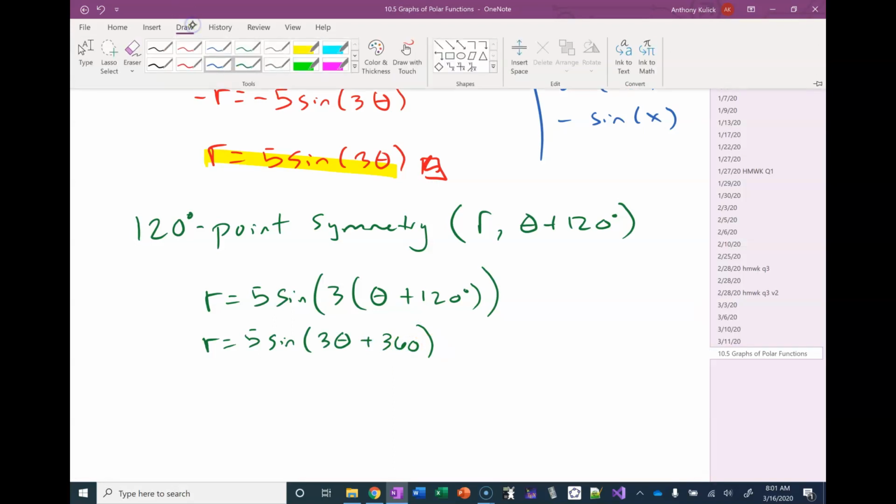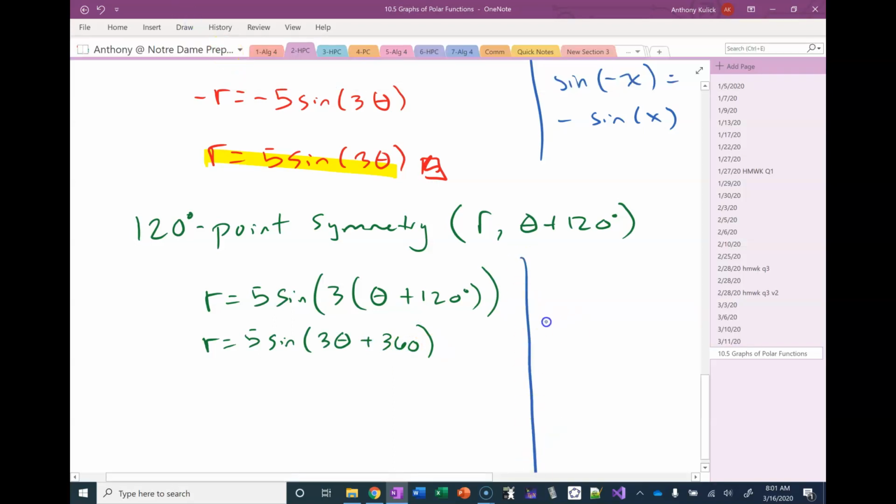And now, if you remember back from first semester, we have an angle sum formula for sine. It says that's going to be sine alpha times cosine beta plus sine beta times cosine alpha.